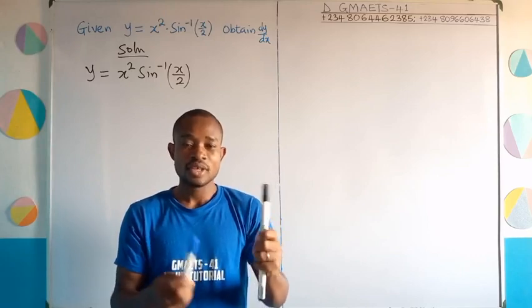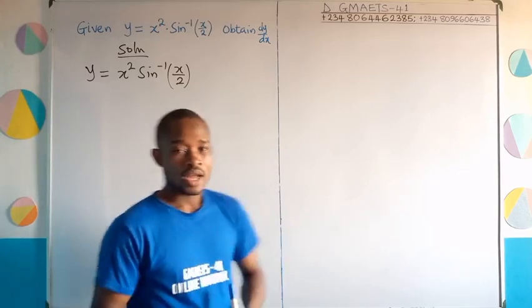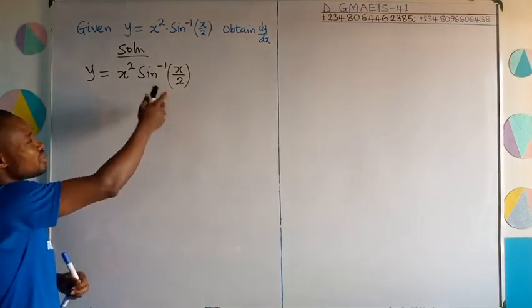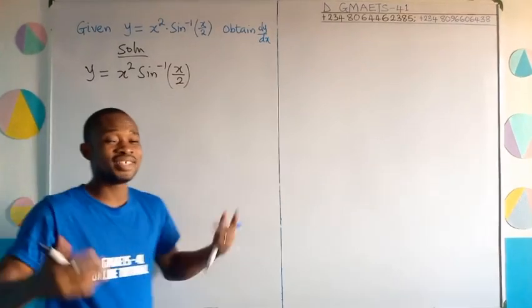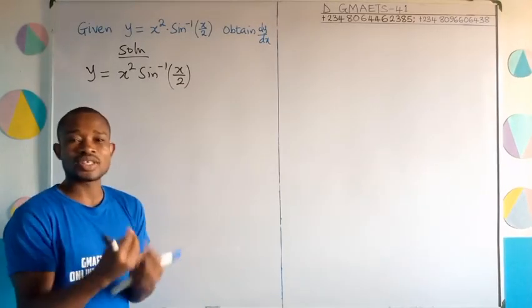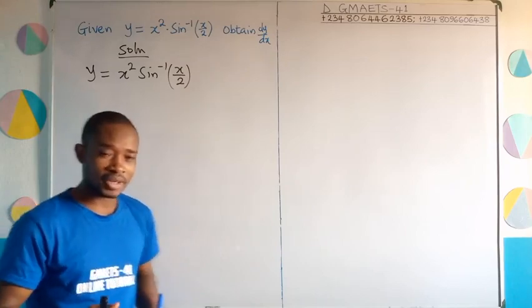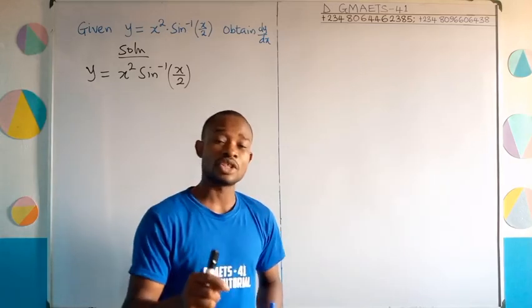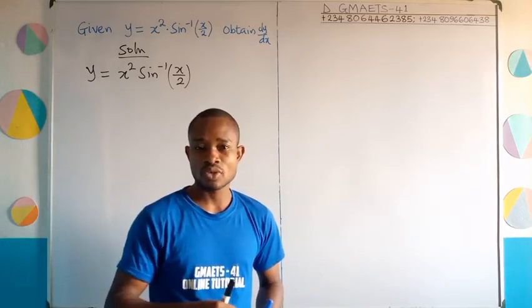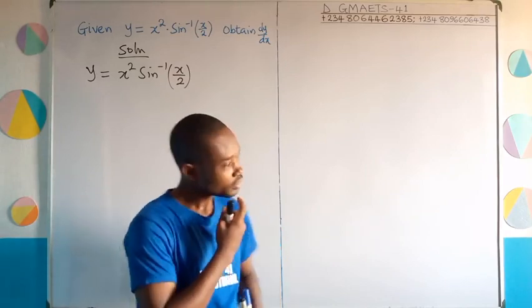That is what the product rule is all about, and so we can apply that here. There is no need of stressing ourselves saying let u be equal to this, let v be that. We don't need that, except to decide to solve the problem using the full chain rule. But you remember that I have always talked about the major-minor differentiation, and with that you can handle any differentiation as fast as possible.